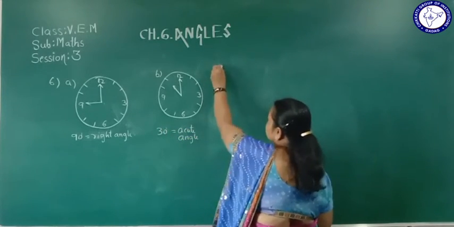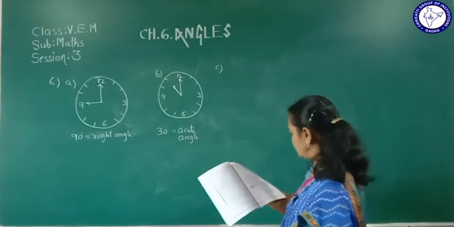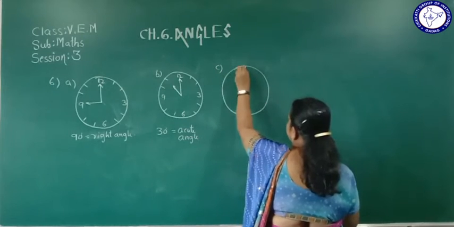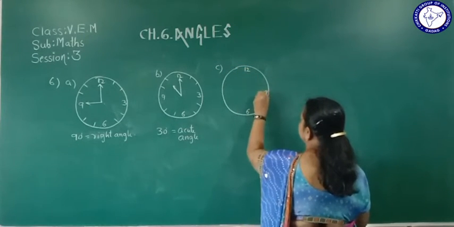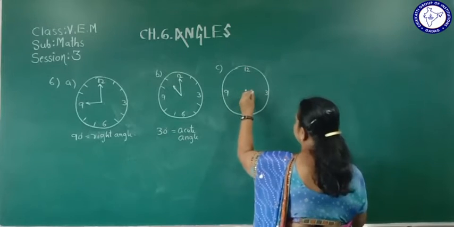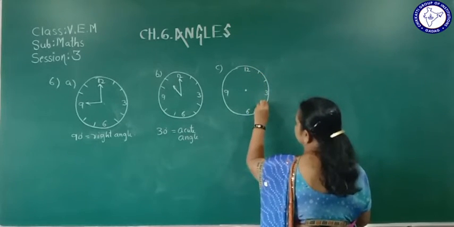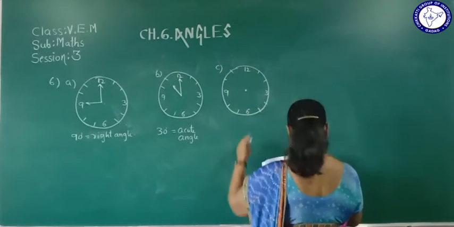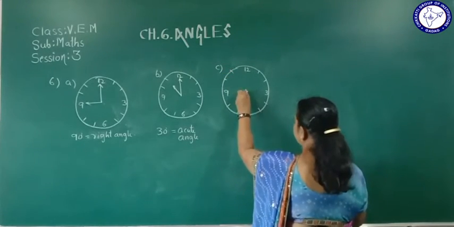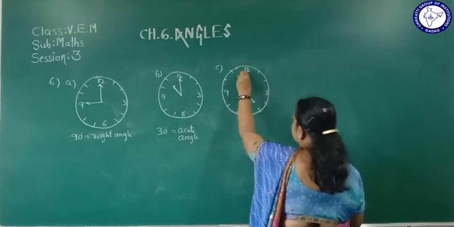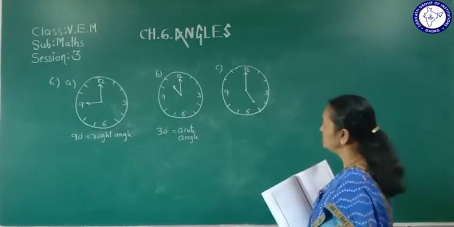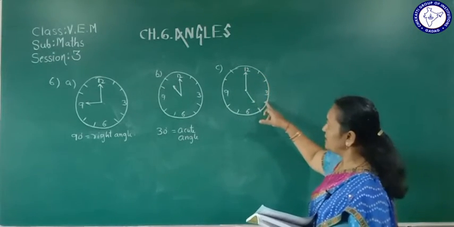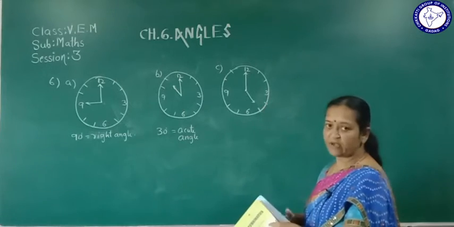C question. This is on 5. At 5 o'clock, check 30, 60, 90, 120, this is 150.